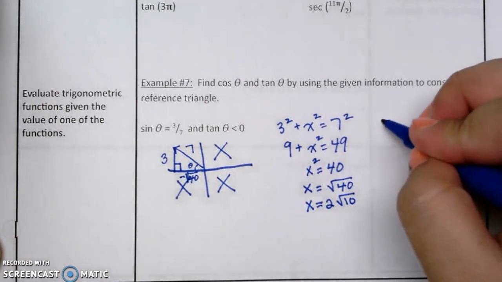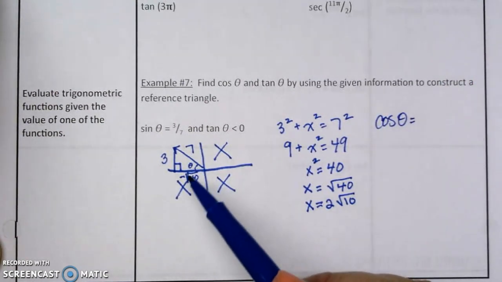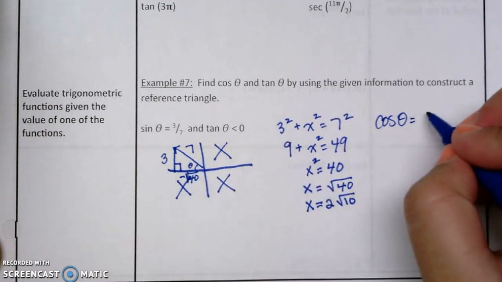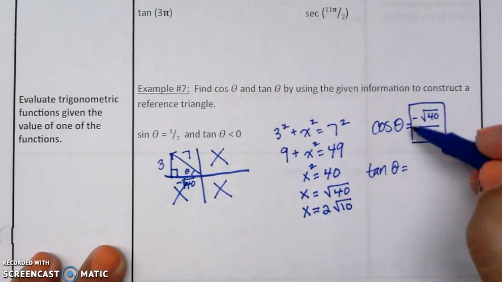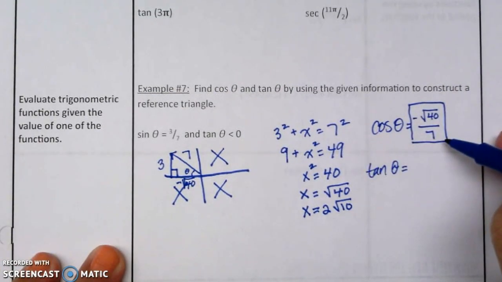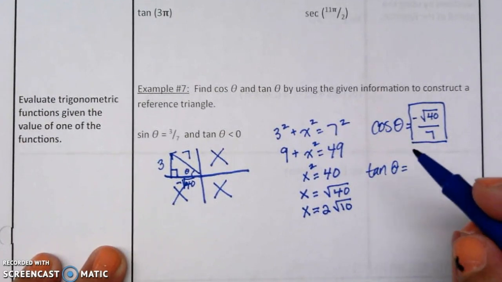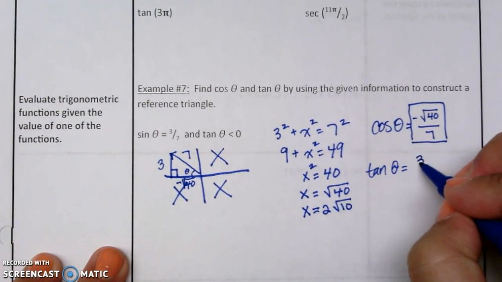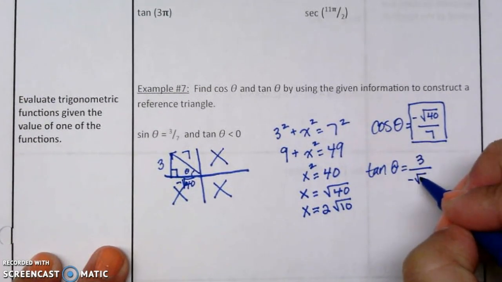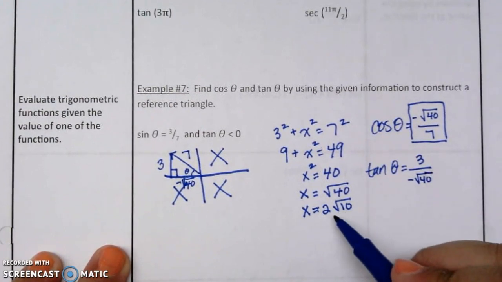So let's go ahead and find cosine of theta. Cosine of theta is adjacent over hypotenuse, so I have negative square root of 40 divided by 7, which is already rationalized. All right, now let's find tangent of theta. Tangent of theta is opposite over adjacent, so we have 3 divided by negative square root of 40. This does need to be rationalized, so I'm going to use our simplified version.